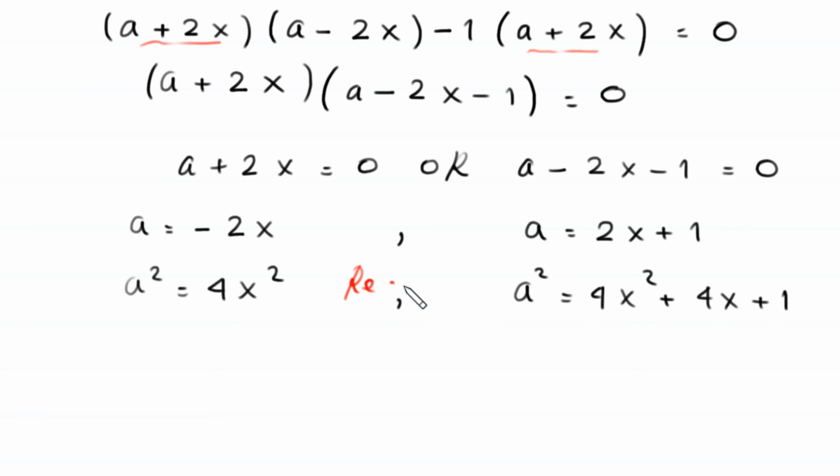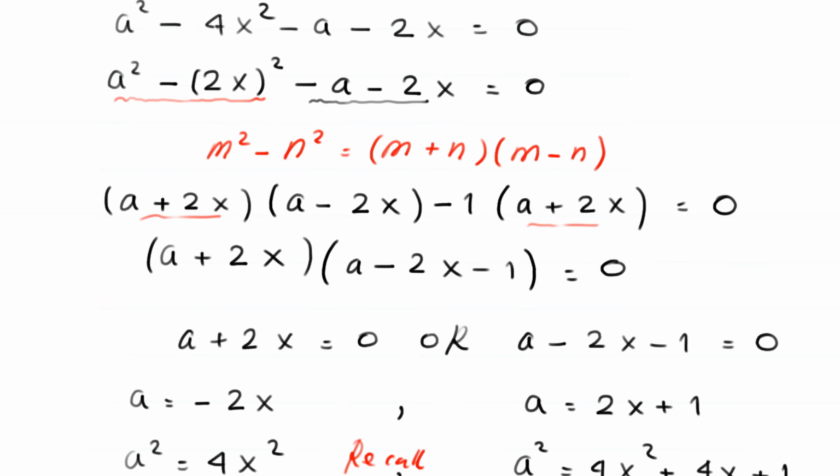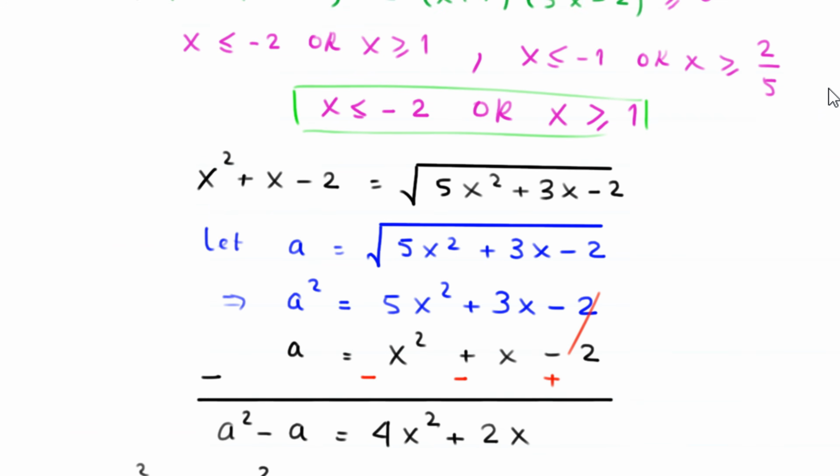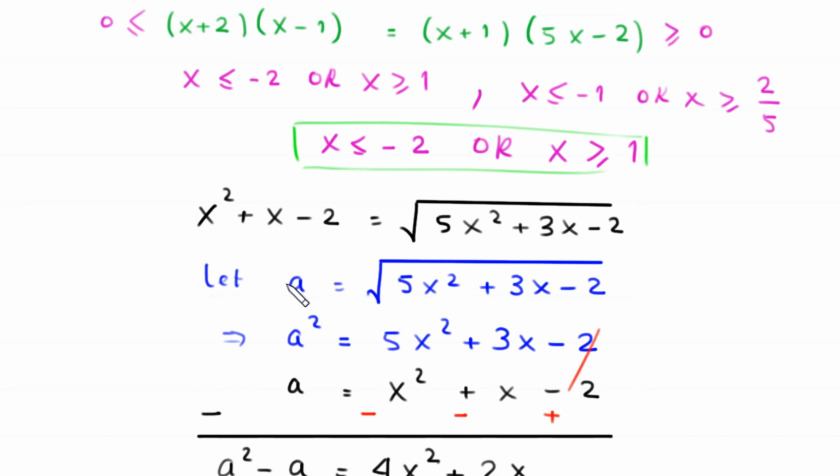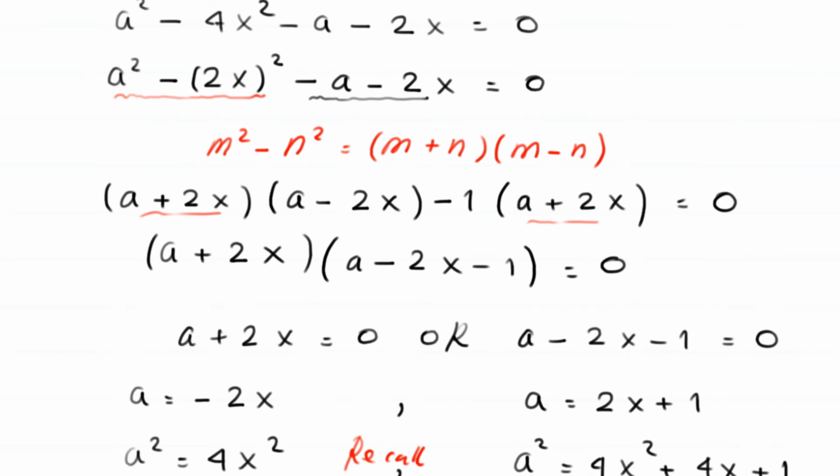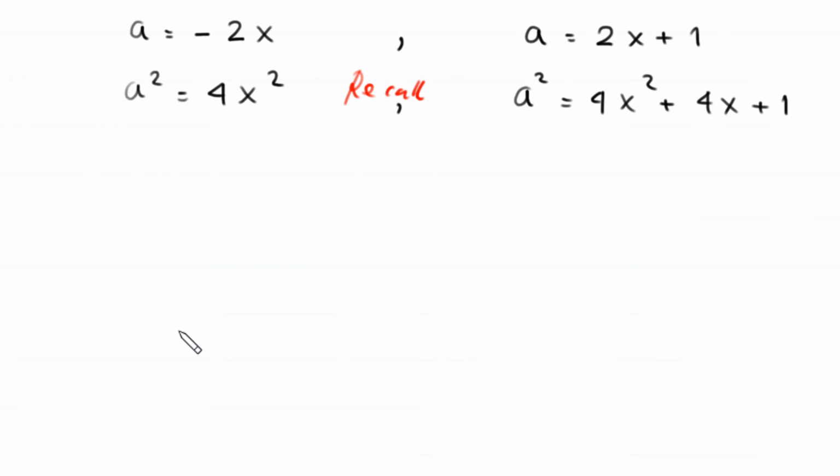Now recall that we have supposed that a is equal to the square root of 5x squared plus 3x minus 2, and a squared is equal to 5x squared plus 3x minus 2.